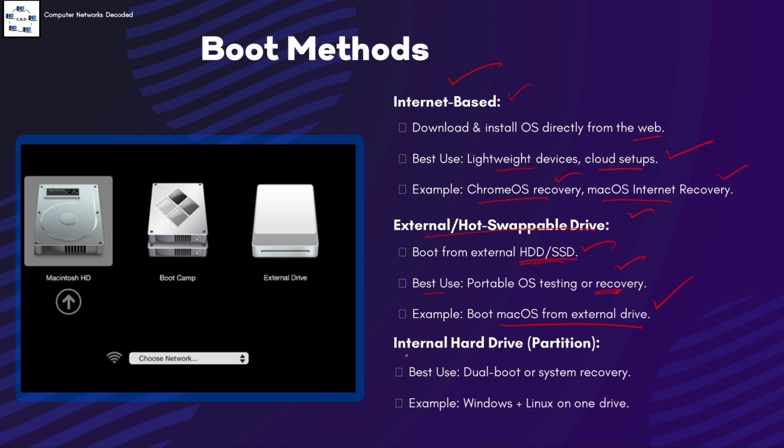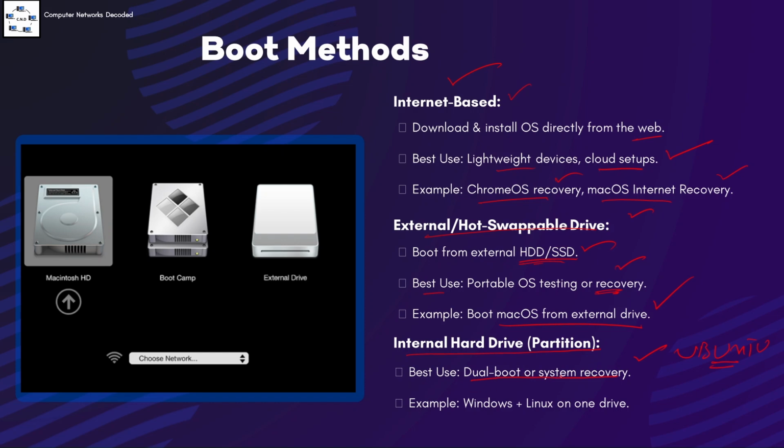And next one is the internal hard drive with a partition. This is used commonly for dual boot or for system recovery. Dual boot means that you have two operating systems inside your hard drive. You can, for example, use Linux such as Ubuntu and a Windows operating system on the same laptop using dual boot.